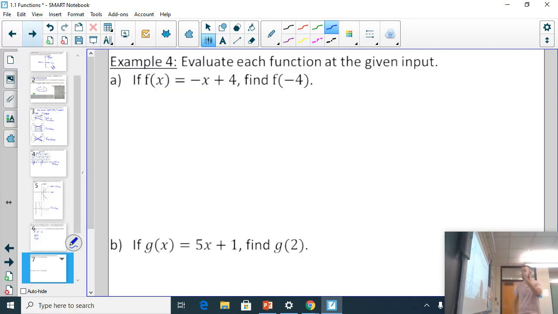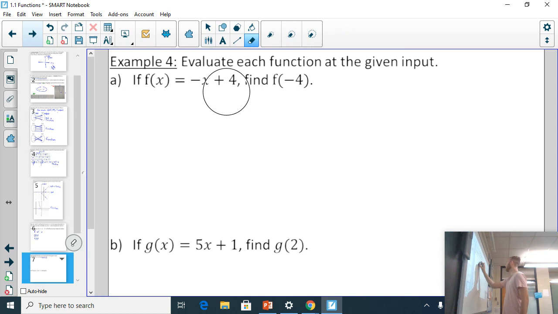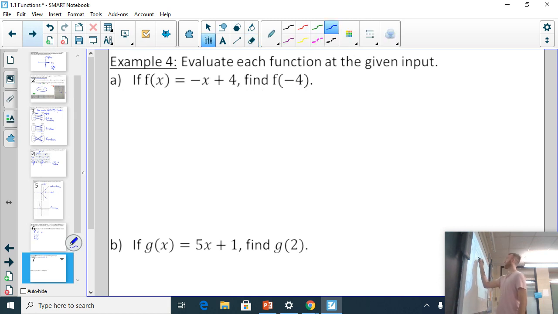So for an example, evaluate each function at the given input. And so I just want to point out that finding f of negative 4, really all that means is we're plugging negative 4 in for x. The way I like to think about it is, well, we have f of x, but it wants f of negative 4. Didn't we just replace x with negative 4? So that's exactly what I'm going to do in this equation.